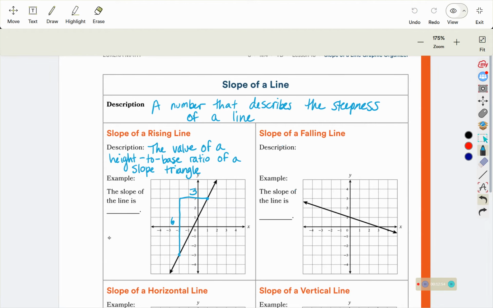So we would have 6 over 3, which is equal to 2. So we can say the slope of the line is 2, because the value of 6 divided by 3 comes out to 2.